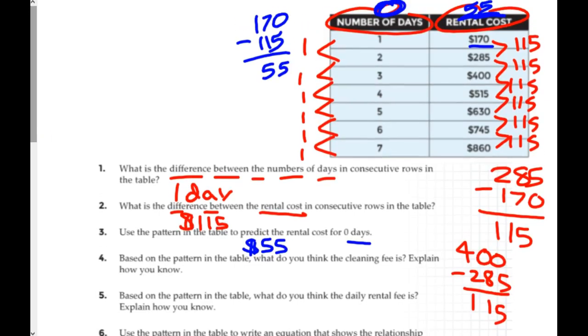If you're renting something and you spend 0 days there, 55, right? Because if you spend 0 days there, why am I paying for 0 days? Well, there's always going to be that $55 fee for whatever. And in this case, it's cleaning, okay? So, again, cleaning fee is at the 0 day. So that's going to be 55 bucks. So do you see why we went back to 0? So we can figure out the starting cost, okay?